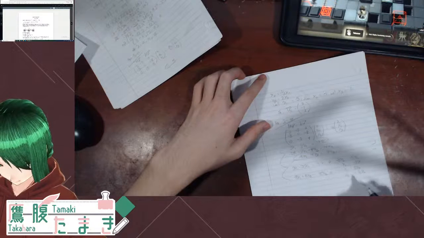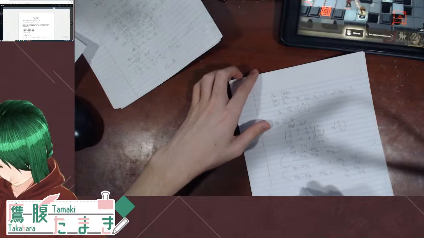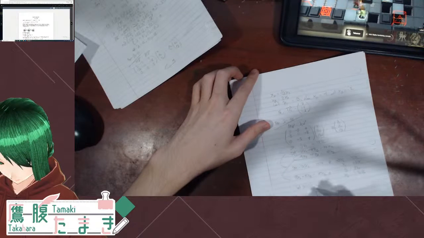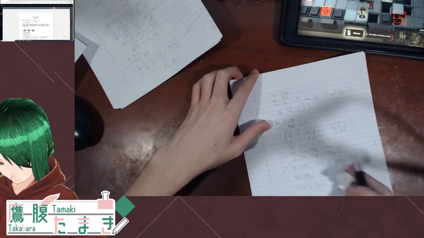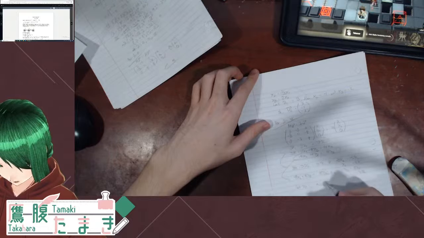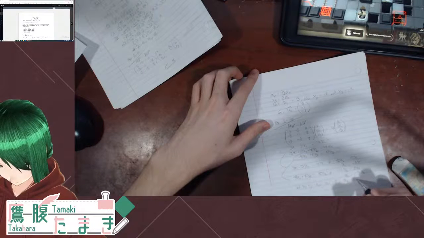If x equals 1, okay, so we'll just say let x1 equal 1, and then x2 equals negative 5, and x3 equals negative, well, positive 1 actually.